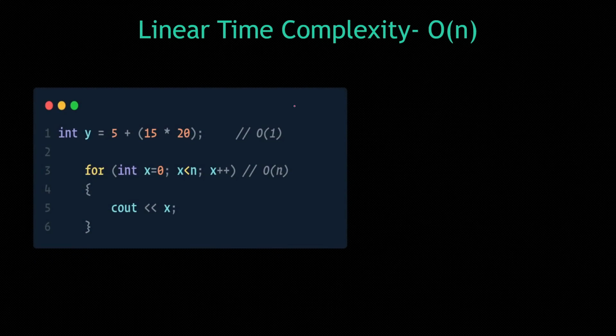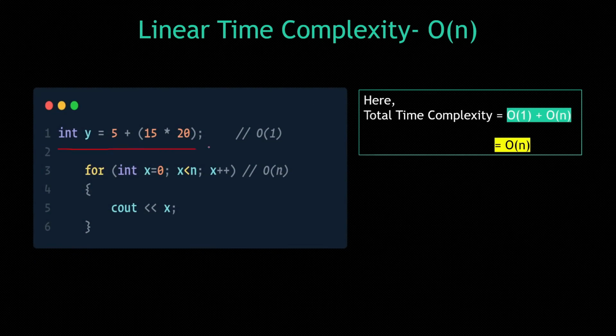Here's another example. Here's an arithmetic operation y equals 5 plus 15 times 20. We know that the complexity of this operation is O(1). And there is another for loop which will run from x equals 0 to x less than n. So we can say the time complexity of this part is O(n). Here the total time complexity equals O(1) plus O(n), which equals O(n).